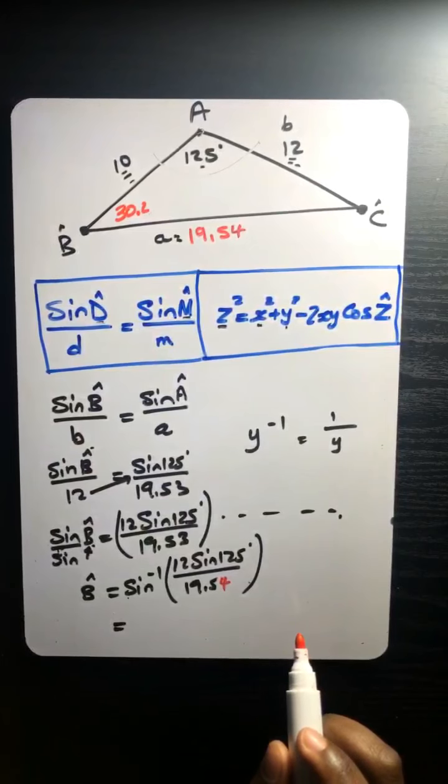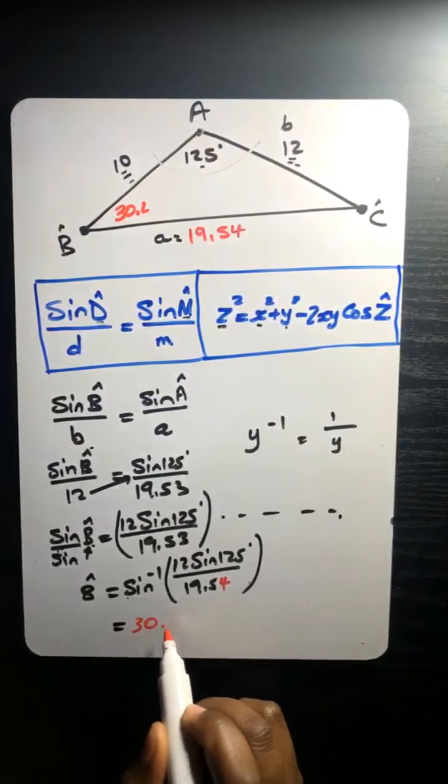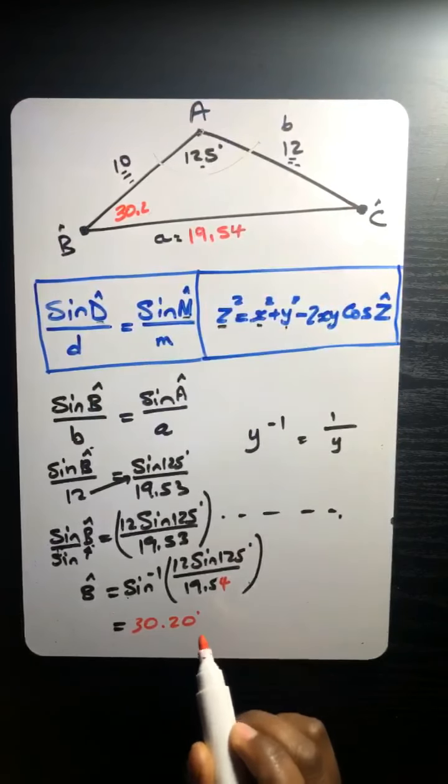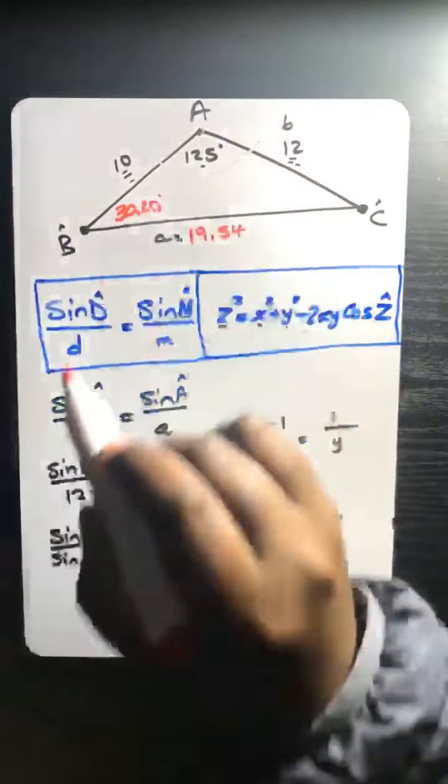It's 30,20. 30,20 degrees. Okay, it's more like it's just 30,2.